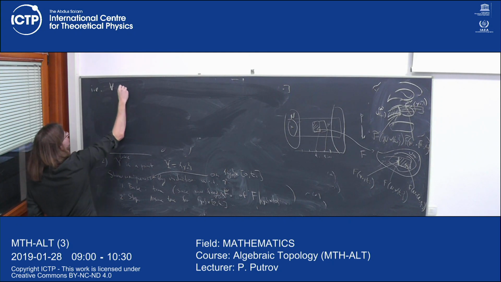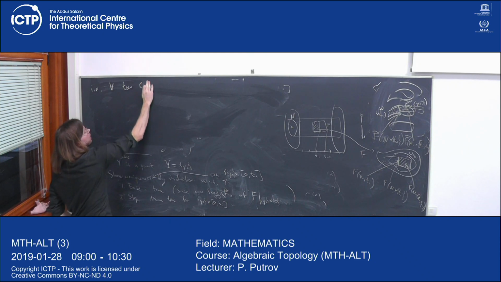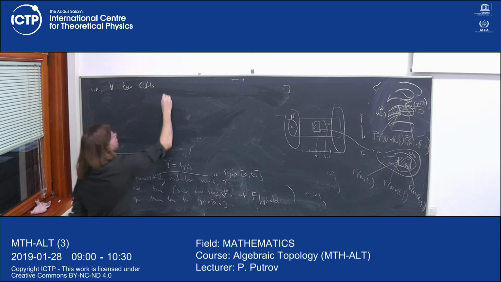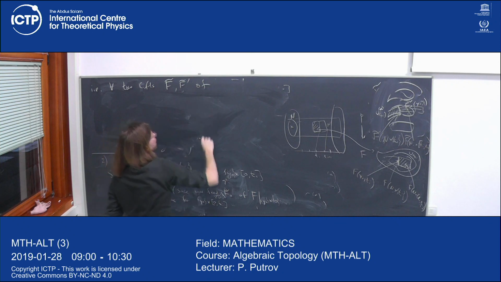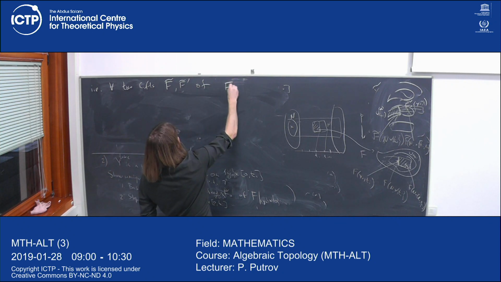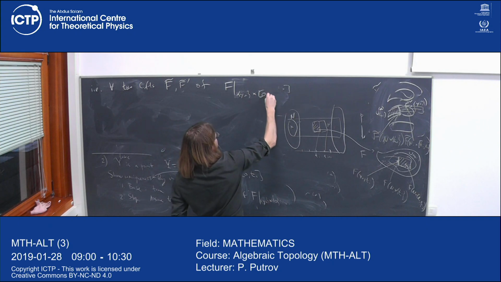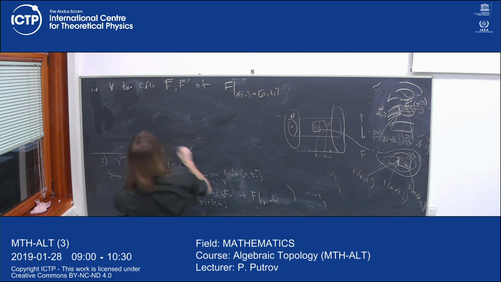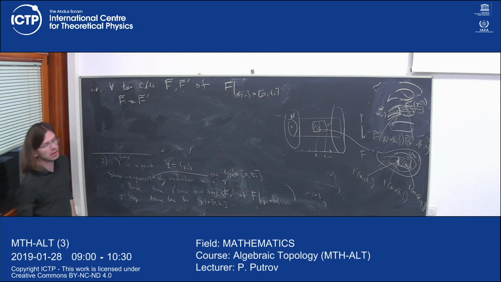For any two lifts f tilde and f tilde prime of f restricted on y0 times 0 to ti, f tilde must be equal to f tilde prime.